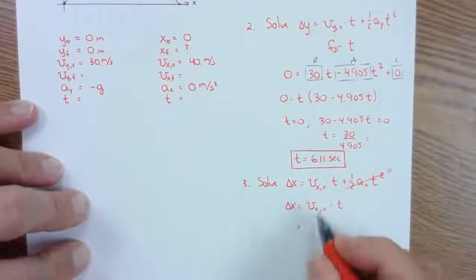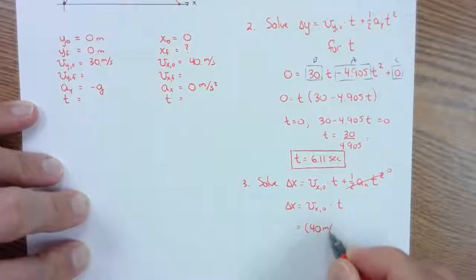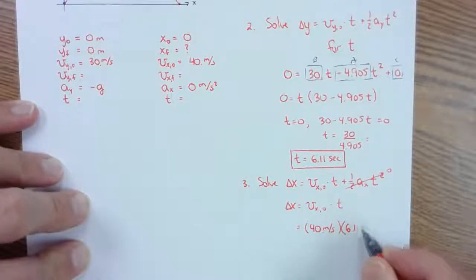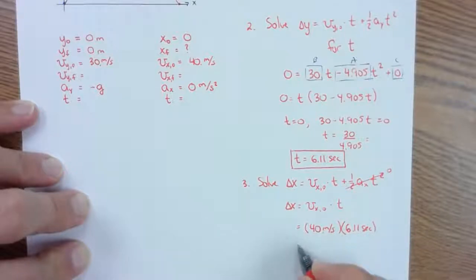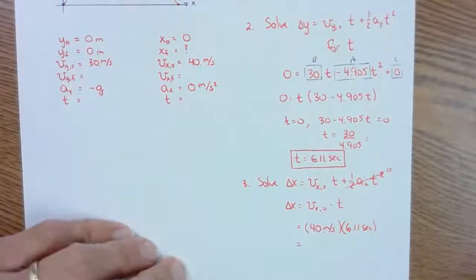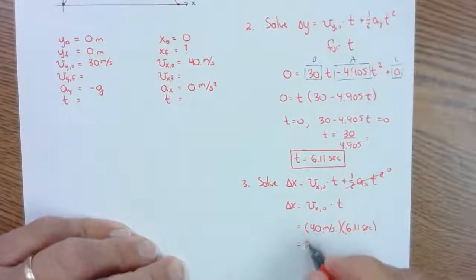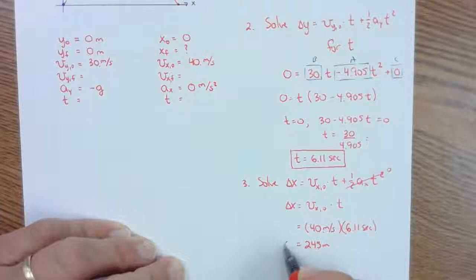The initial velocity in the x direction was 40 meters per second, and we know it's in the air for 6.11 seconds. So a little bit of multiplication tells us that it went 244.6 or 245 meters.